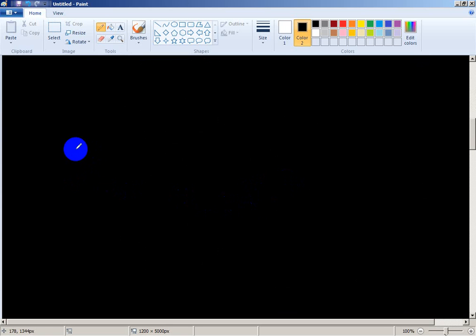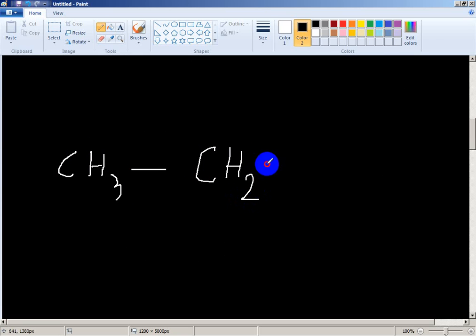So what will be the name of this compound? Do you know this? What is the name of this compound? I'll ask randomly. Don't give us the answer, anyone. If I am asking this, okay, what is the name of this compound?